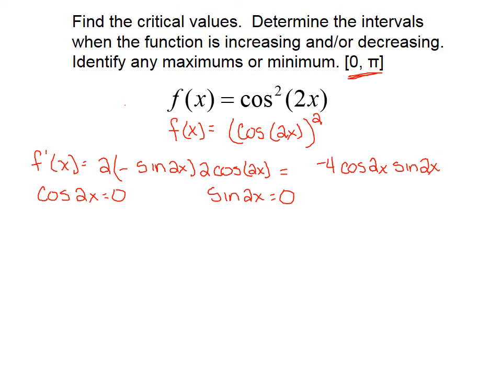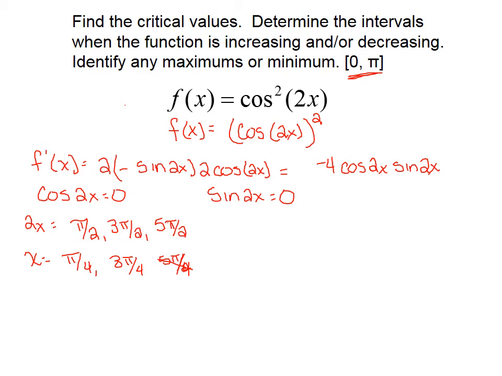So cosine is 0 at pi over 2, 3 pi over 2, and 5 pi over 2. So then x is equal to pi over 4, 3 pi over 4, and 5 pi over 4, but 5 pi over 4 is outside of our domain.